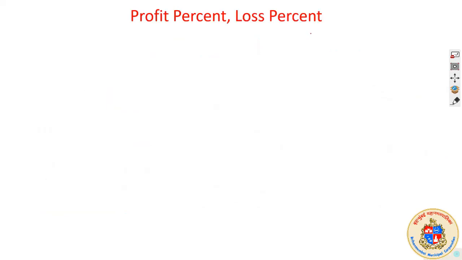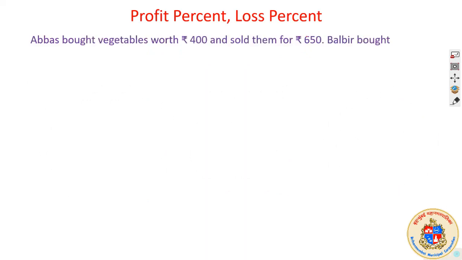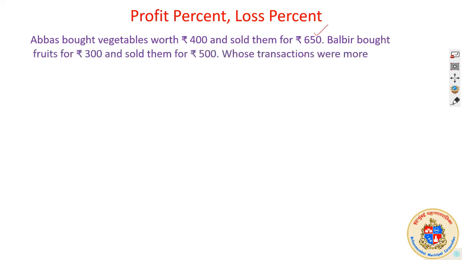So the first and foremost thing is to understand something practically from a real time situation. Here is a question. Abbas bought vegetables worth rupees 400 and sold them at rupees 650, correct?